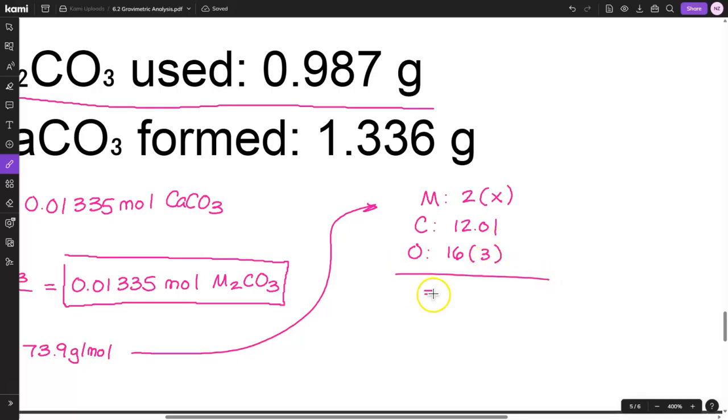And that will add up to 73.9. So if I take 16 times 3 plus 12.01, subtract that from 73.9, and then divide by 2, I get X is equal to 6.95. And if I look on my periodic table, 6.95, the molar mass, matches up with lithium.